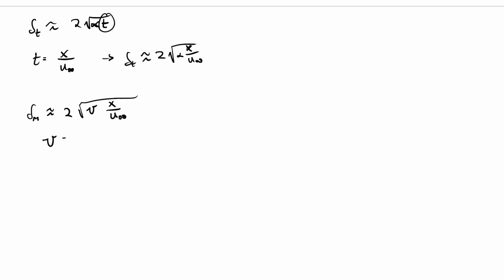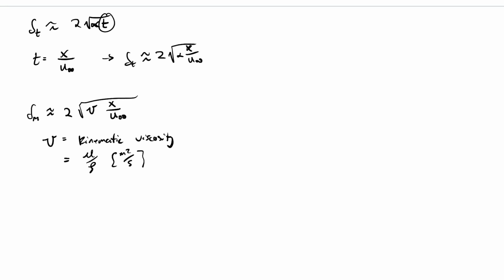Nu is our kinematic viscosity. That's equal to mu over rho, and that has units of meters squared per second. So you can see the units are actually the same as alpha. It's basically a diffusivity of momentum, meters squared per second.